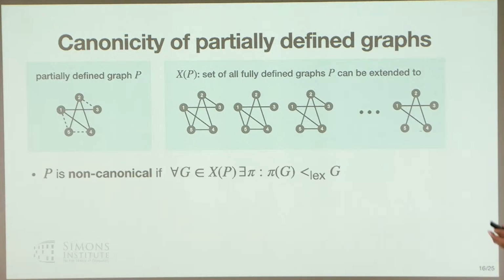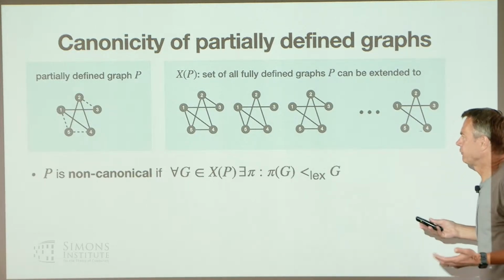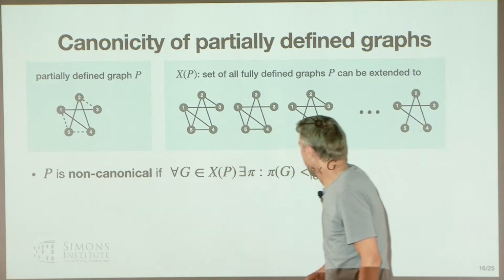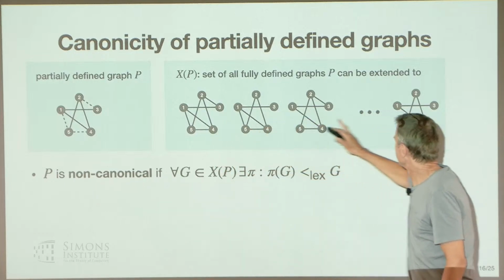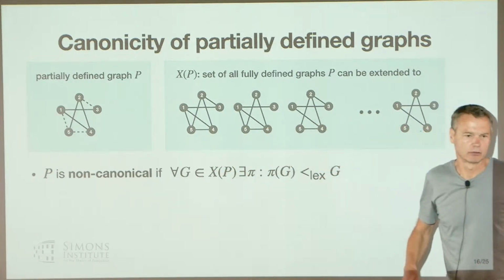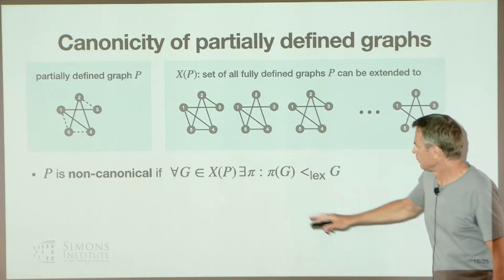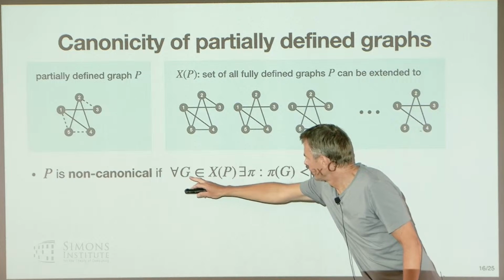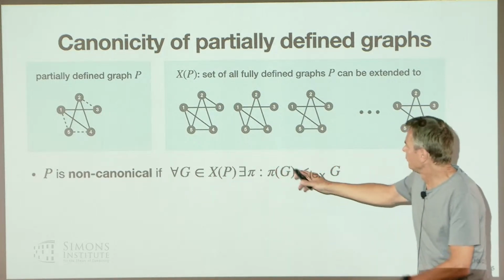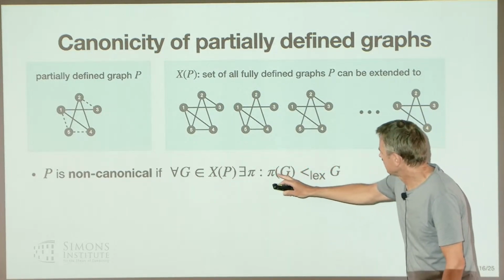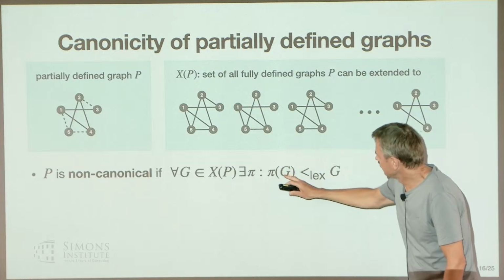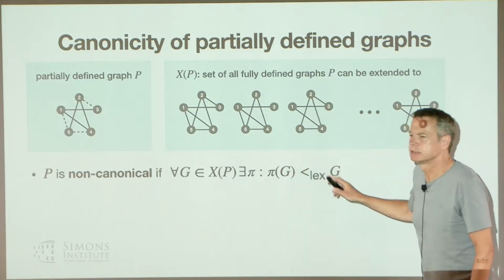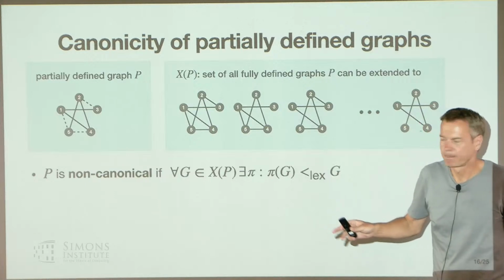So the ideal definition would be, we say this partially defined graph is non-canonical if none of these fully defined graphs is canonical. So for each of these fully defined graphs, there exists a permutation that makes the permuted graph smaller than the graph itself, which means G is not canonical.